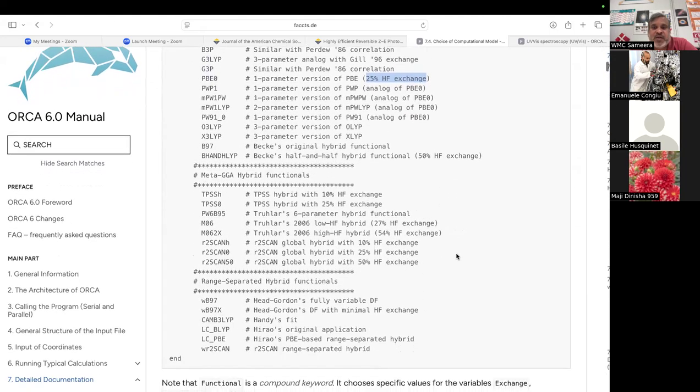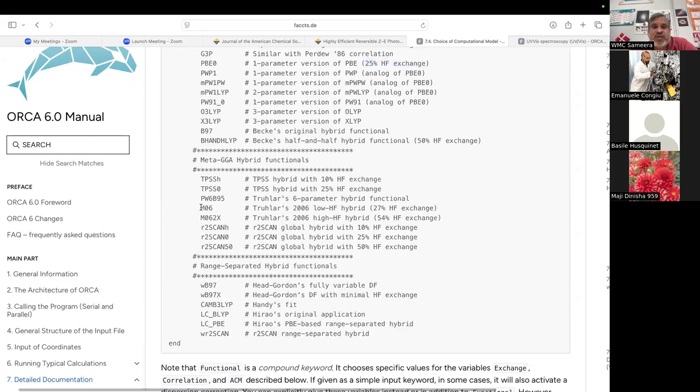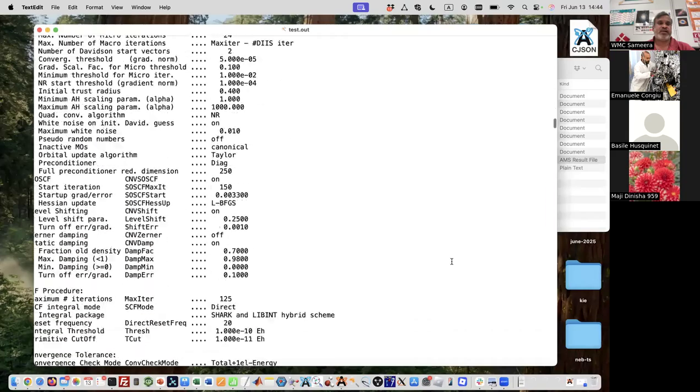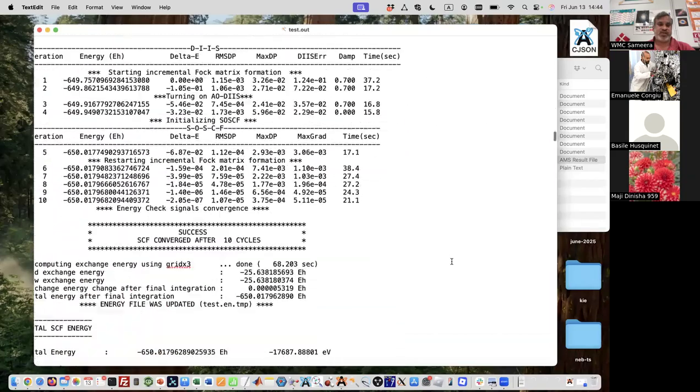In my experience, these two functionals, meta-GGA, also perform well in some cases. They have this Hartree-Fock exchange, so that's good in computing excitations. So you can play around with the different density functionals and check which works better for your problem. Right, okay, and also you can look at different possible excitations.